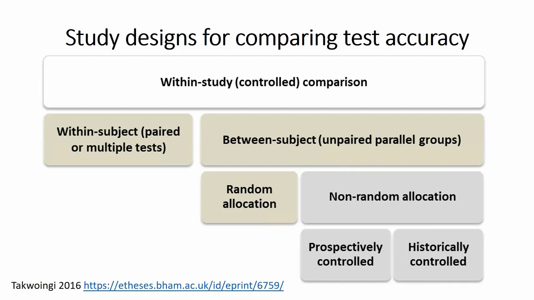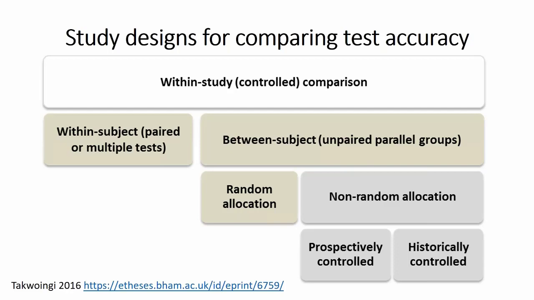An example of a historically controlled study is one where they compared both tests by evaluating CT in a prospective cohort of patients. But then for ultrasound, they used a historical cohort that they retrospectively identified by looking at computerized hospital records.